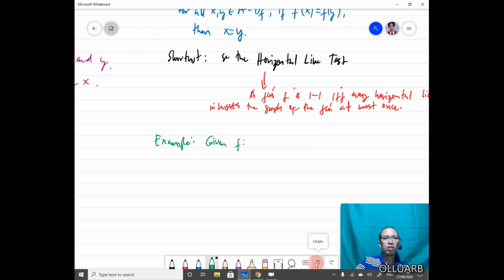Okay, defined by this one, f of x is equal to 3x squared minus x plus 2.